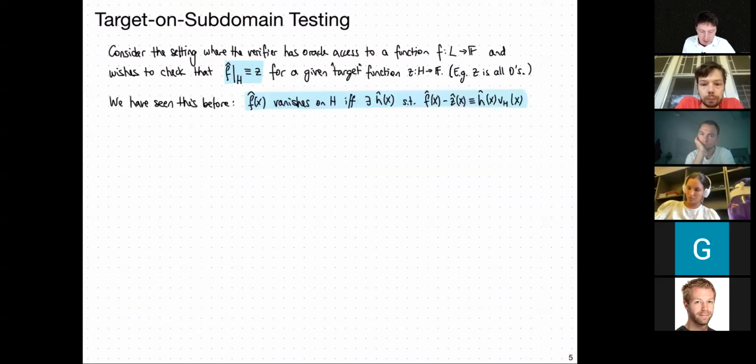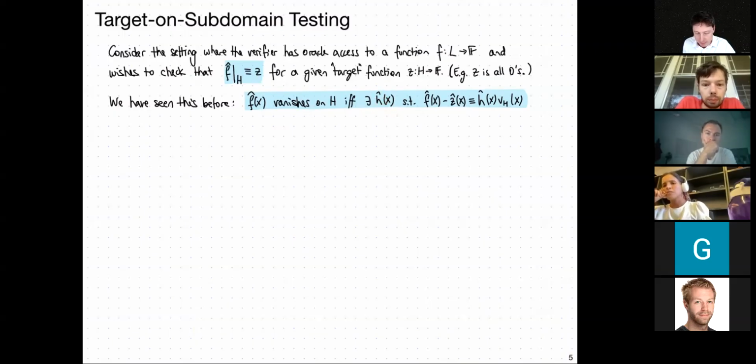But actually we've seen this before, right? If I want to make sure that f hat agrees with z over h, it's enough for me to show that... okay, what we've seen before is when z is all zeros, f hat vanishes on h if and only if there is a quotient polynomial.